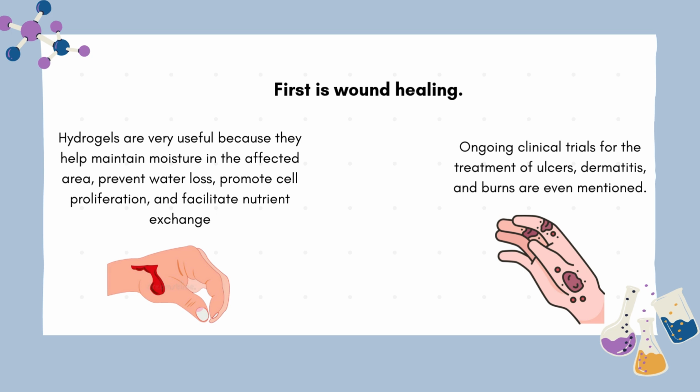In addition, they have antibacterial properties that promote recovery. Some examples are chitosan combined with agarose or PVA. Ongoing clinical trials for the treatment of ulcers, dermatitis, and burns are even mentioned.